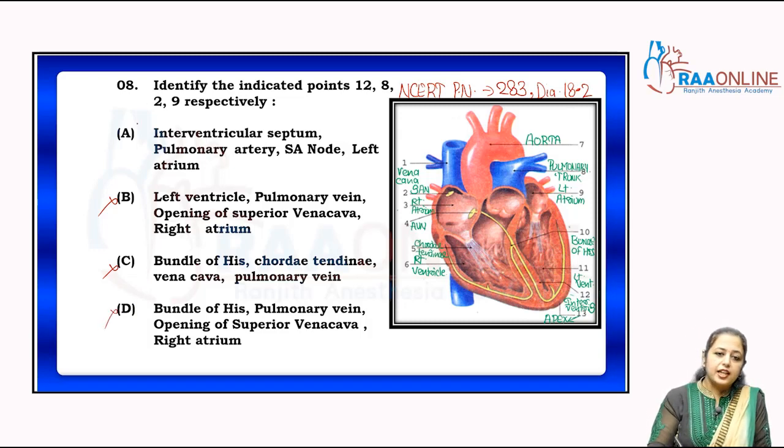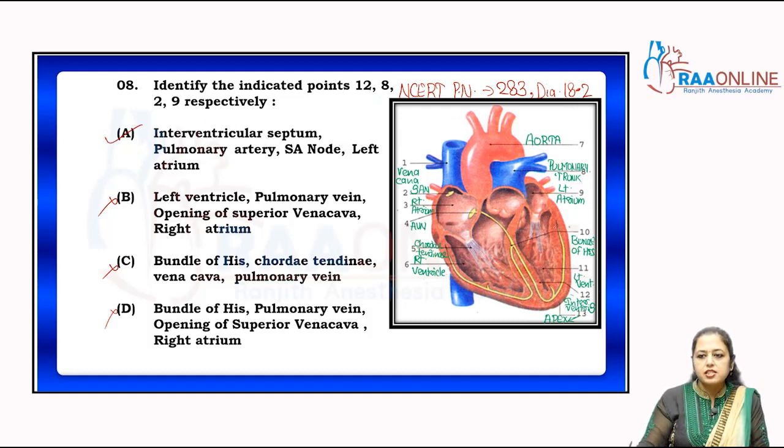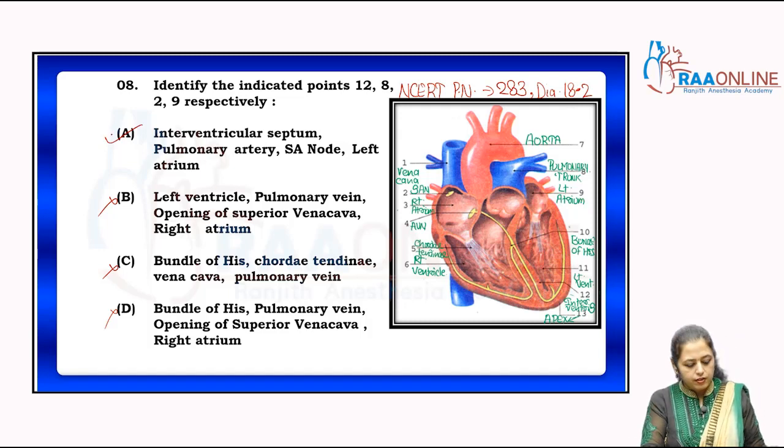So the correct answer is A. That is the interventricular septum. 8th is the pulmonary trunk, or we can say the pulmonary artery. Then 2 is the SA node, and 9th respectively is the left atrium. Clear? So the correct answer is A, right? This is the pattern to solve the question, actually, right?